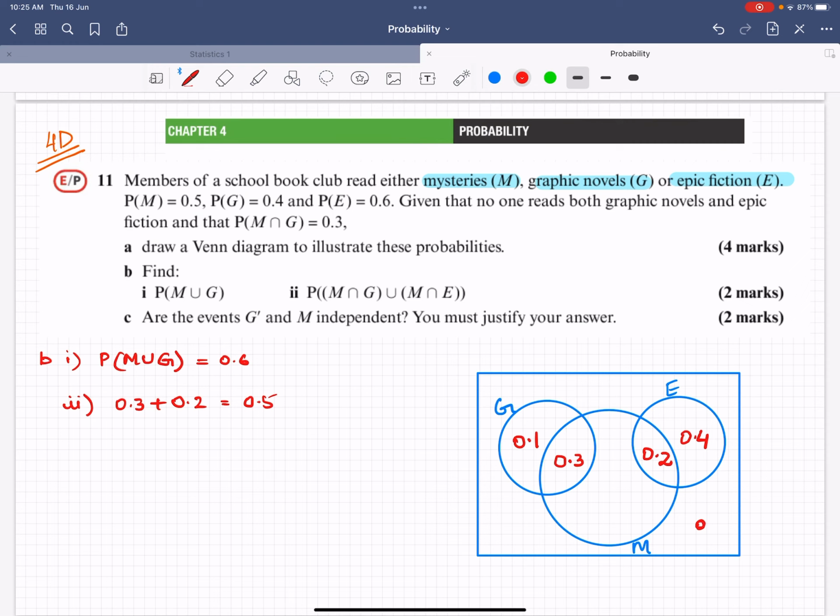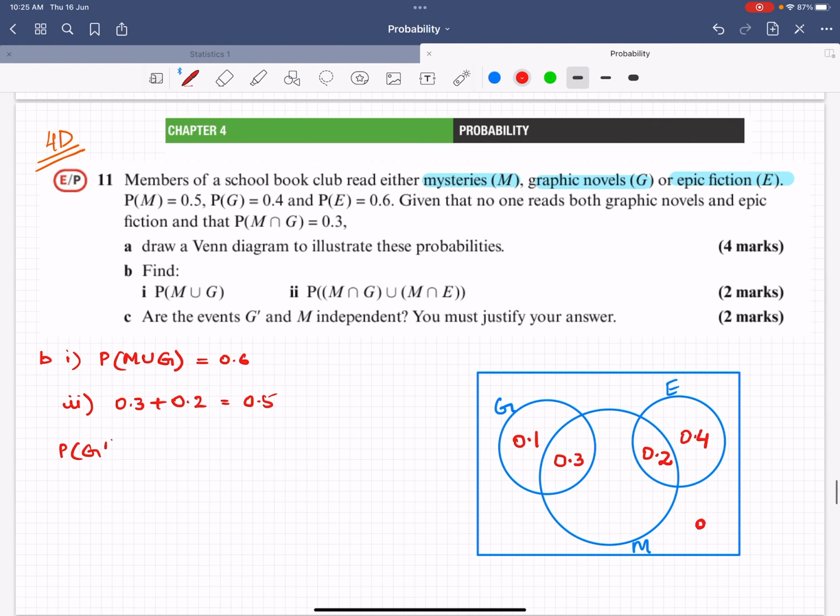Now let's move on to C. C is, are the events G complement and M independent? You must justify your answer. Now, first of all, let us find the probability of G complement and M. So, probability of G complement, which means everything outside G, is 0.6.